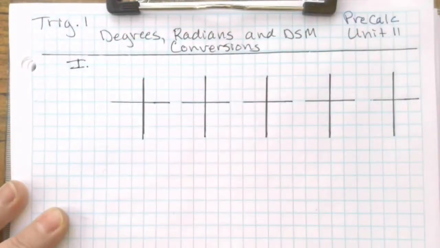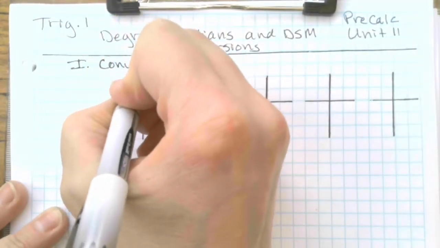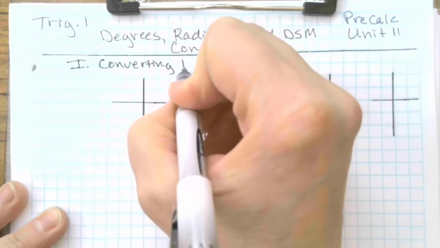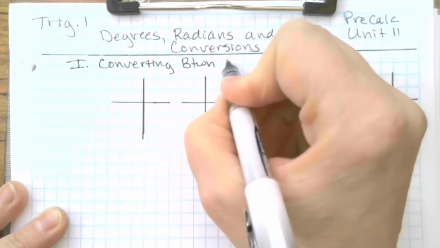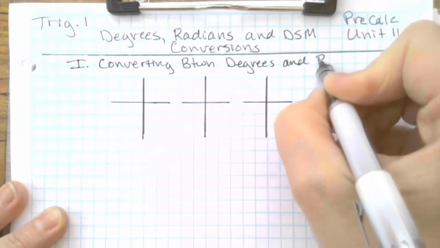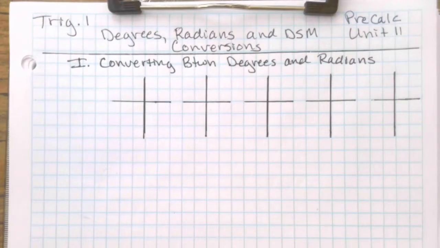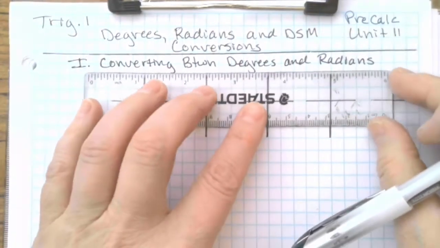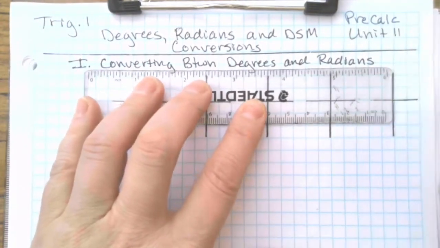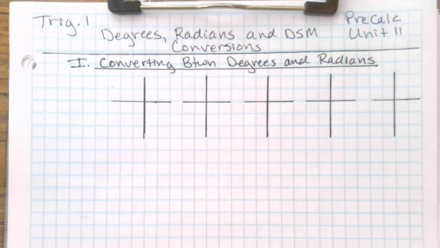Roman numeral 1 is converting between degrees and radians. Up until now, most likely you only knew about degrees and not radians because degrees are what we use in everyday language about angles.